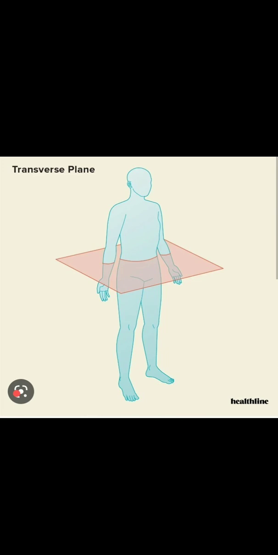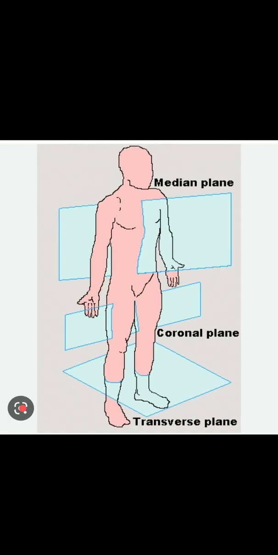So you get the upper part and then the lower part. It is perpendicular to the coronal and sagittal plane. So this plane also meets the coronal and sagittal at a particular point.